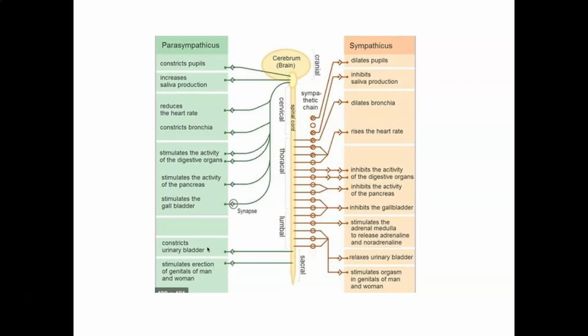So make sure you know these differences, because then when you can think about it, okay, if this drug is targeting the sympathetic receptors, then you know these are what it's trying to do. And it's easier to predict what a drug will do.